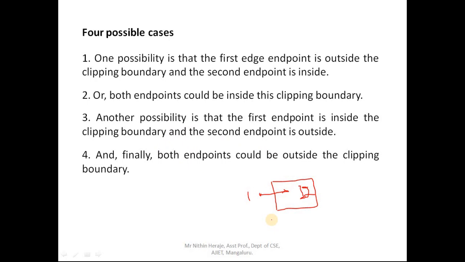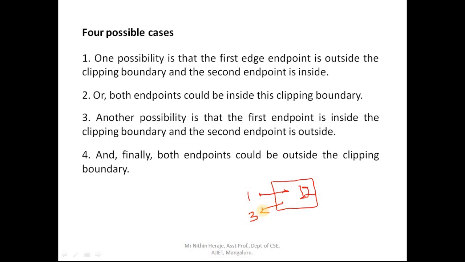Next, another possibility is that first end point is inside the clipping boundary and the second end point is outside. So this is the first end point and the second end point is outside. So this is the third case.